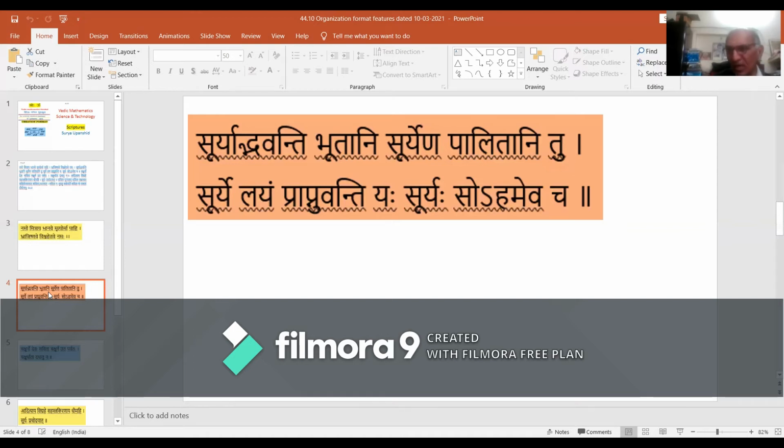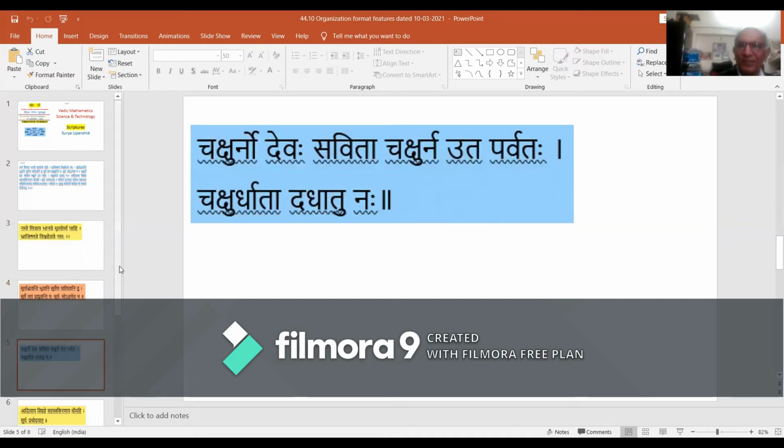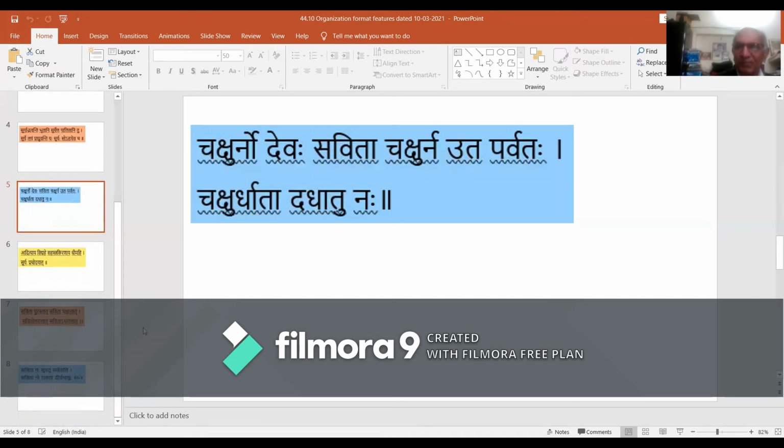The third phase of this paragraph is that Chakshu, Dev, Savita, or the organs, attainments.